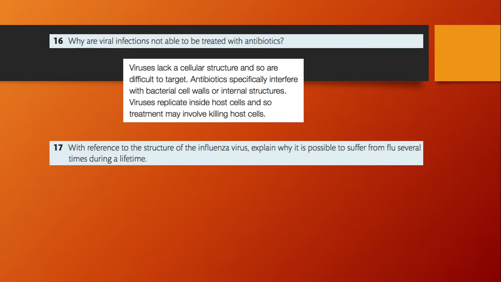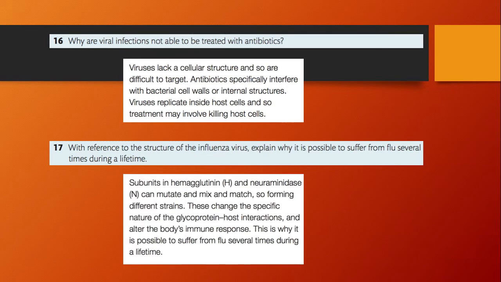Number 17 says, with reference to the structure of the influenza virus, explain why it is possible to suffer from flu several times during a lifetime. Okay, so we're talking about the structure of the flu virus itself. So that was the H1N1 or the H5N1. That deals with the hemagglutinin and the neuraminidase.